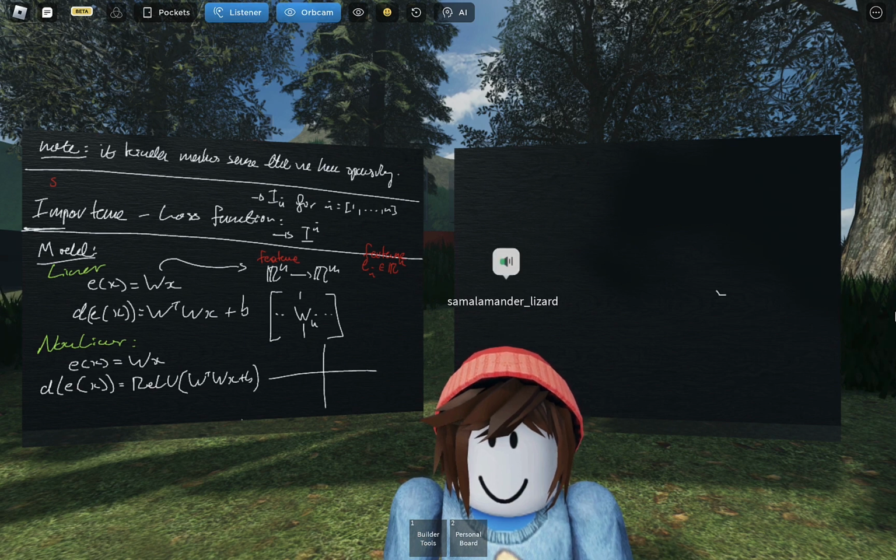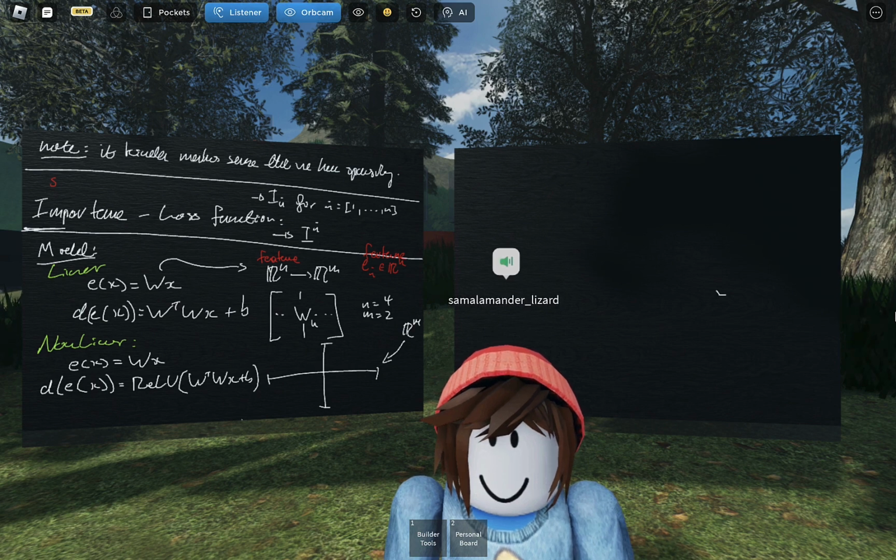As an example, if we had n equals 4 and m equals 2, this is the hidden space, or the latent space, and we can plot the columns of W in this space.